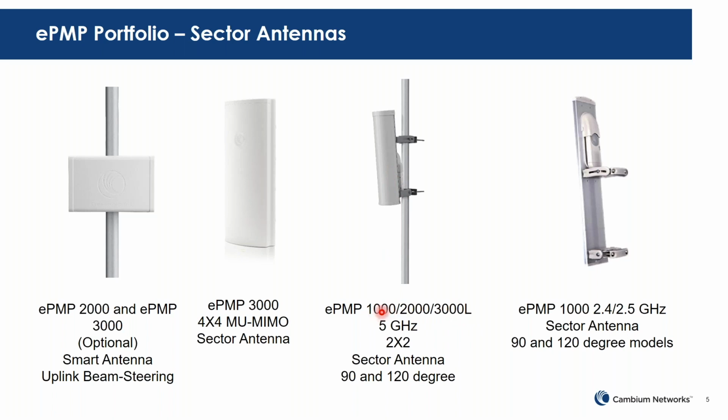It can work with the ePMP 1000, 2000, and 3000L. It's able to work with 3000L because the 3000L is a 2x2 MIMO radio. So this one is the smart antenna, which can work with both the ePMP 3000 and ePMP 1000, 2000, and 3000L as well.